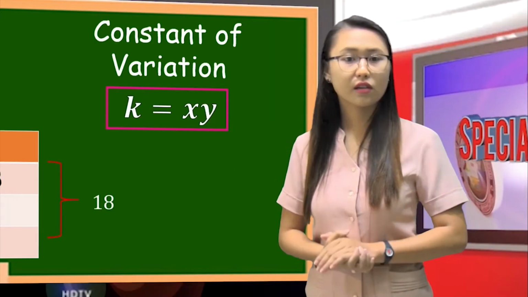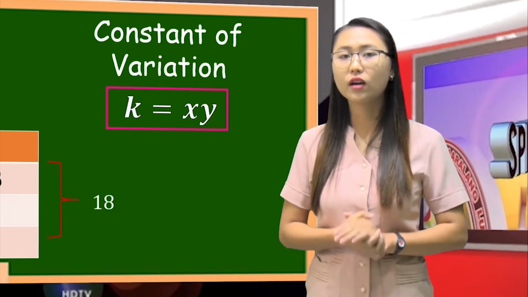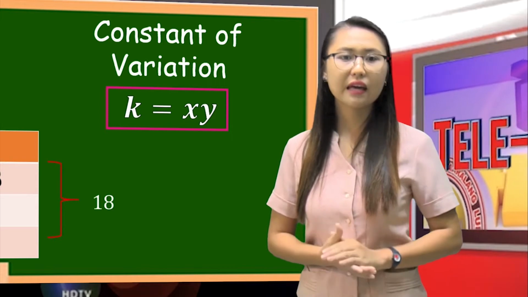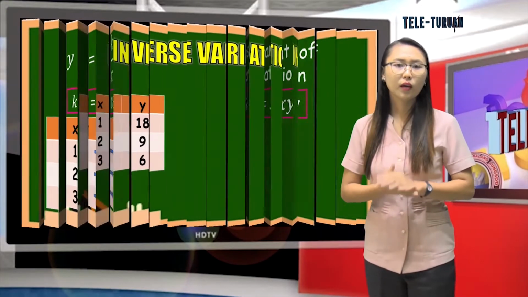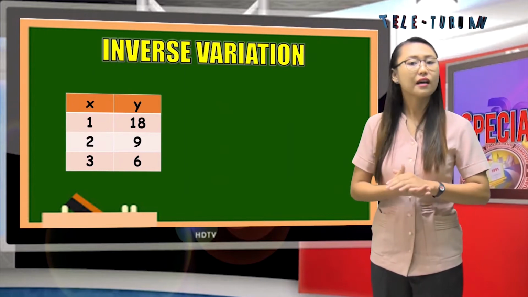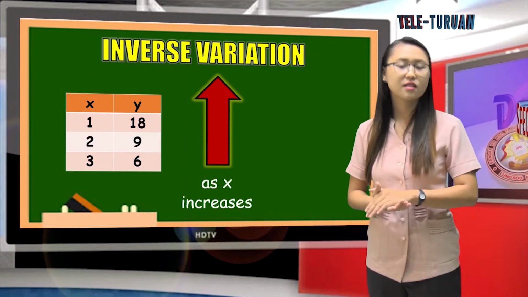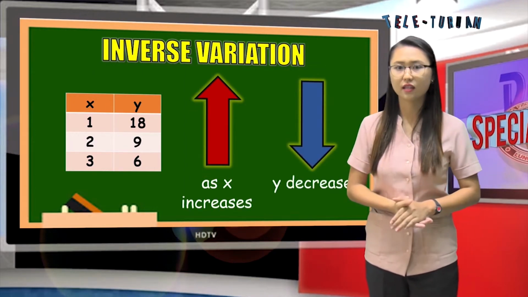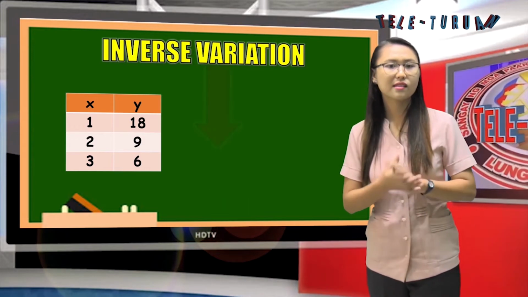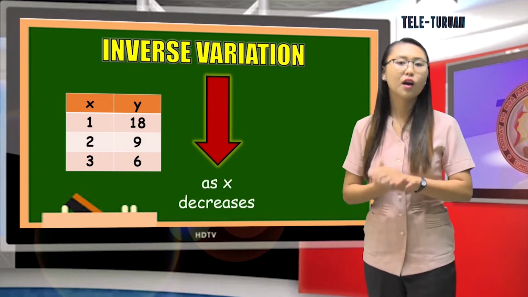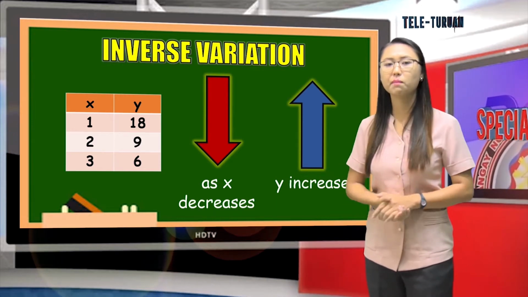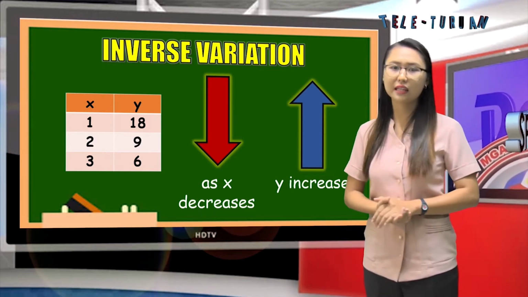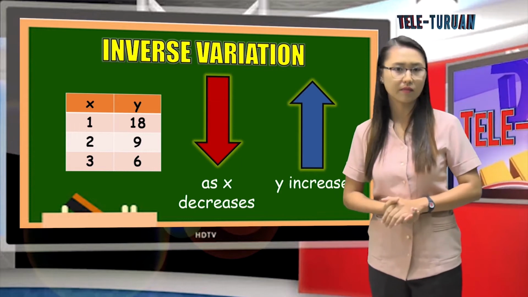In inverse variation, we can solve for the constant of variation by multiplying the values of x and y. We can also notice that as the value of x increases, the value of y decreases. And on the counterpart, as the value of x decreases, y increases. And that is the relationship of two variables or quantities in inverse variation.